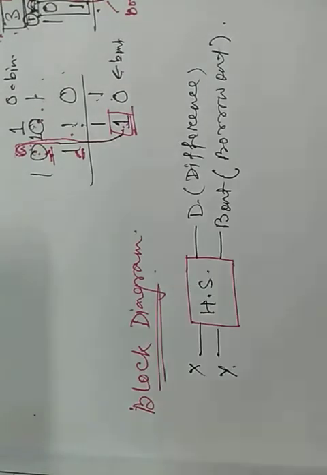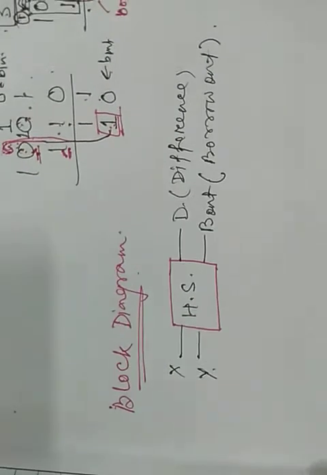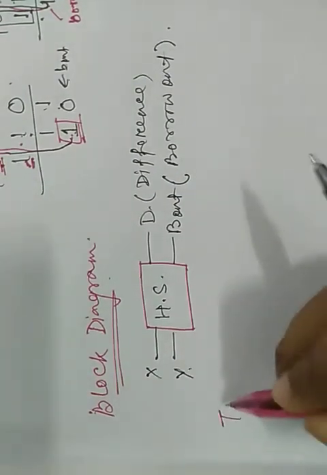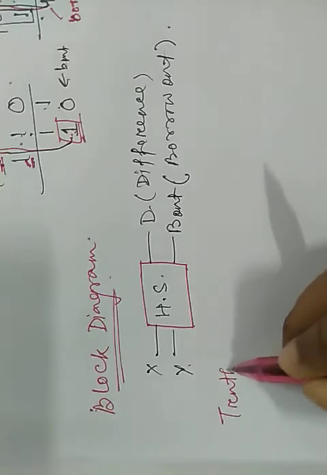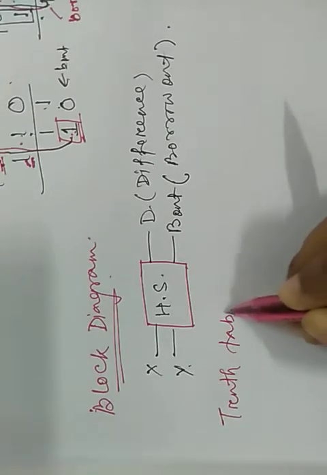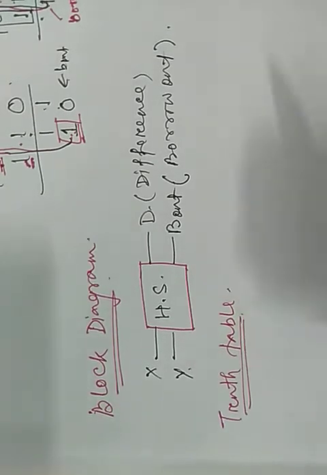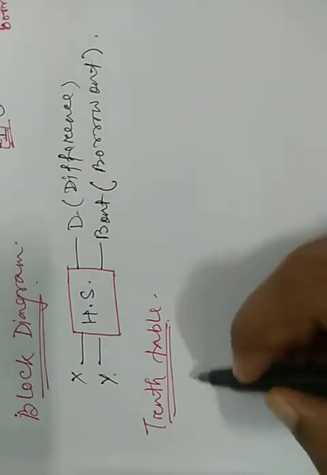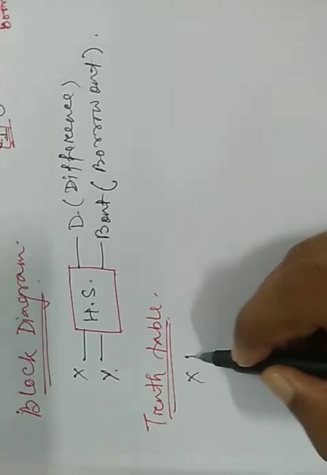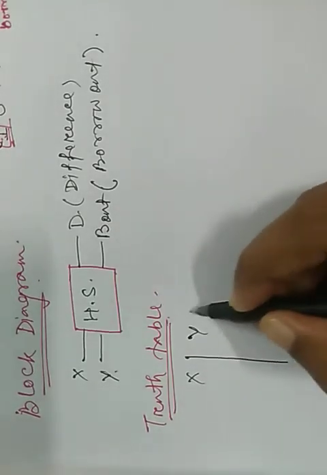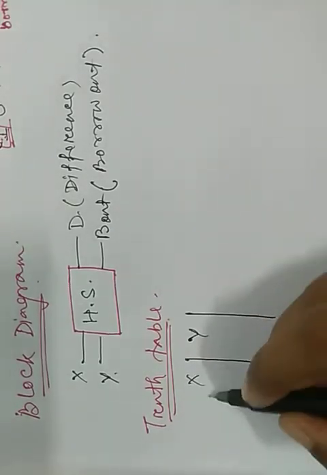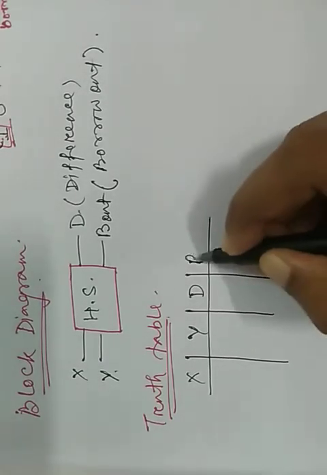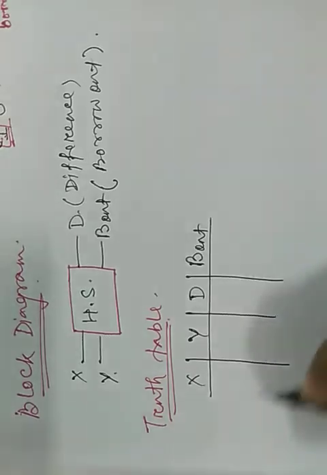Okay, now let us write the truth table. Truth table for two variables, x, y. One is for difference, another is for borrow out.